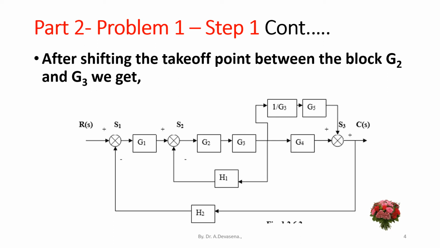So if the takeoff point is shifted after the block G3, we have to include a block 1 by G3 along with the block G5, because the takeoff point T1 is connected to the block G5. It is indicated in this diagram.